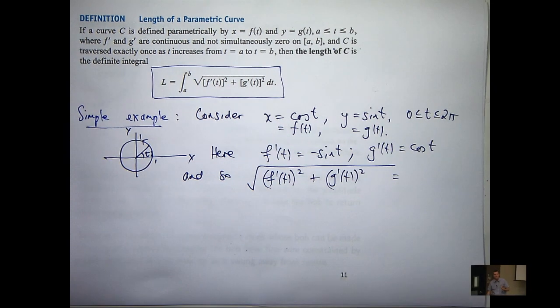Now, if we square these and add them up and take the square root, what are we going to get? 1, right. Using cos squared plus sine squared equals 1.